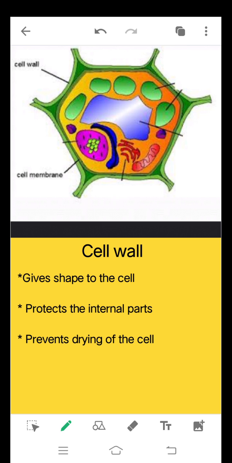This cell wall is comparatively thicker and rigid. It is more rigid than the cell membrane. It gives shape to the cell. It also provides protection to all the internal parts, and it prevents drying of the cell. This cell wall too allows the materials to move in and out.